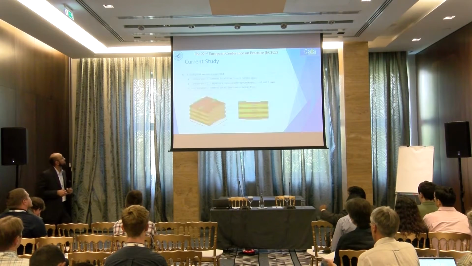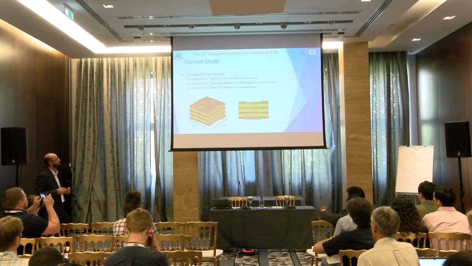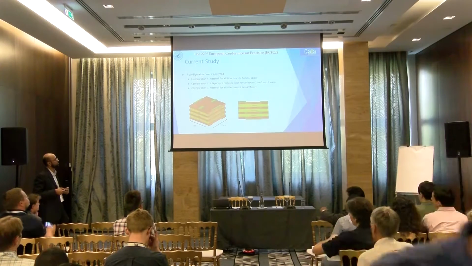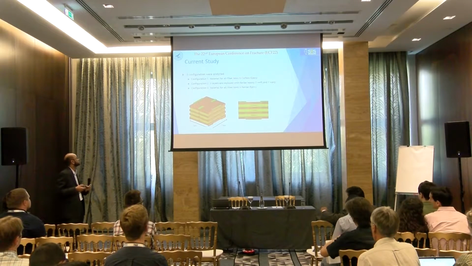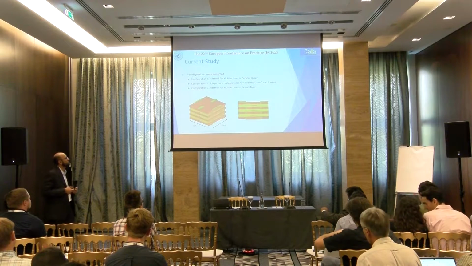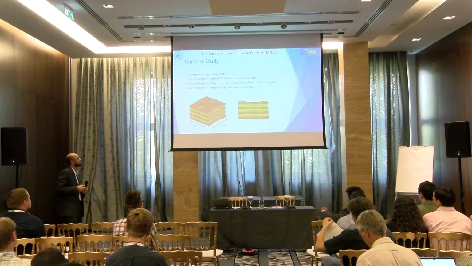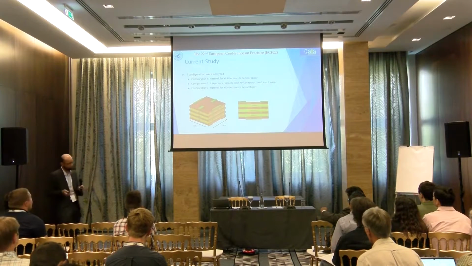Basically, three types of configuration have been studied. At first, the whole carbon. In the second, three Kevlar layers have been included, and all the others remain carbon. And the third one is all Kevlar, to see the effect of all Kevlar, all carbon, and the hybrid one.